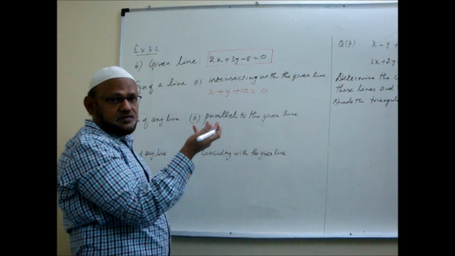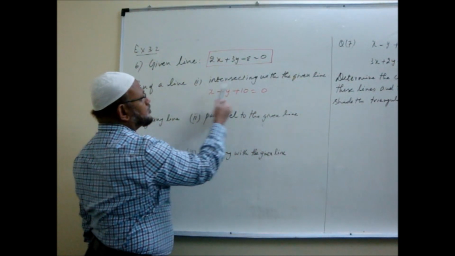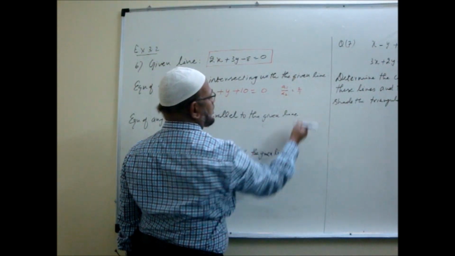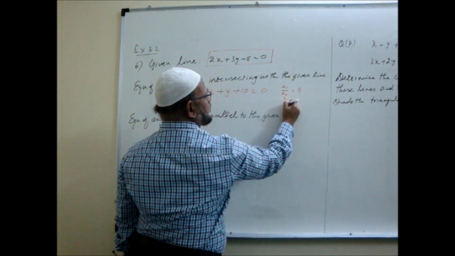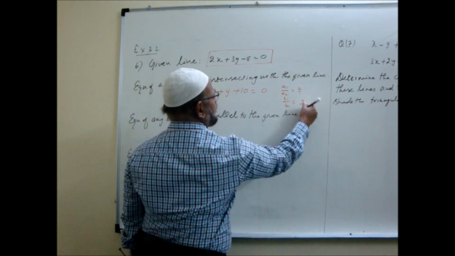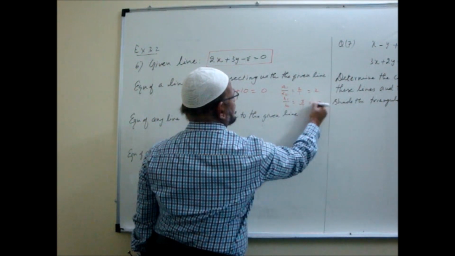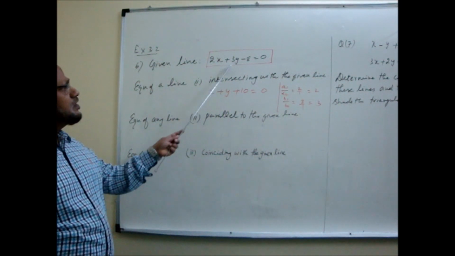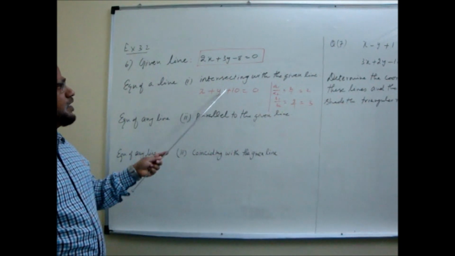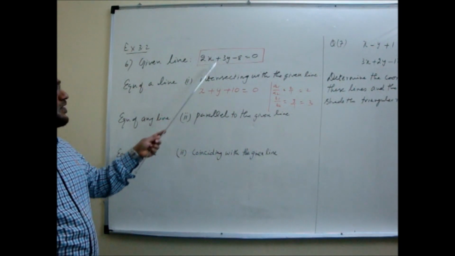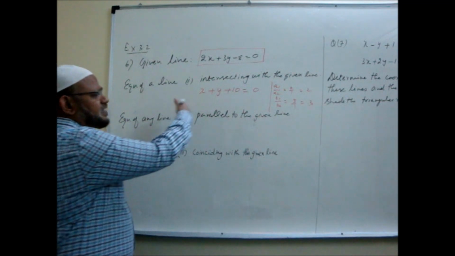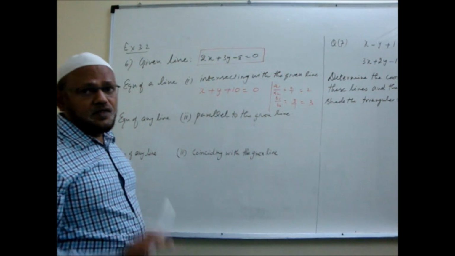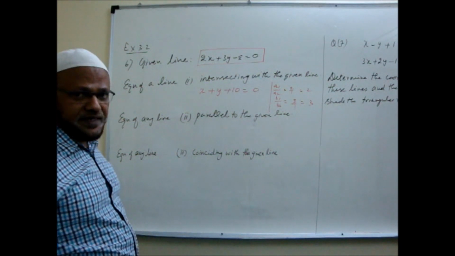Simply I wrote one equation, because I know that a1 by a2 here is 2 by 1 and b1 by b2 is 3 by 1. Means this is 2, this is 3. These two are not equal. So this line will intersect this one; when drawn on the graph sheet, they will be intersecting lines. You can write any equation. You should always keep in mind a1 by a2 should not be equal to b1 by b2. This condition must be met.